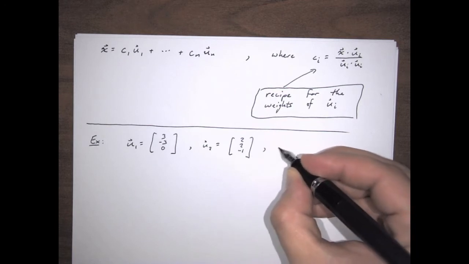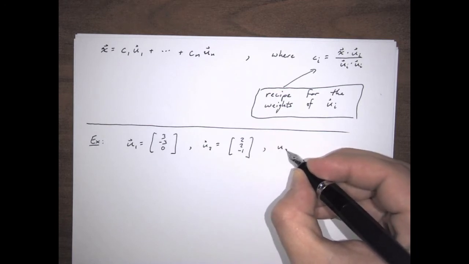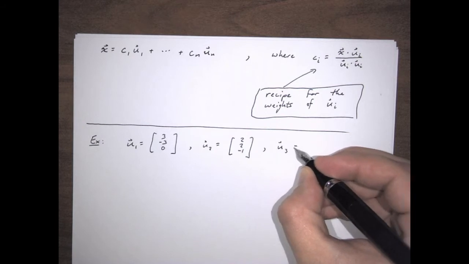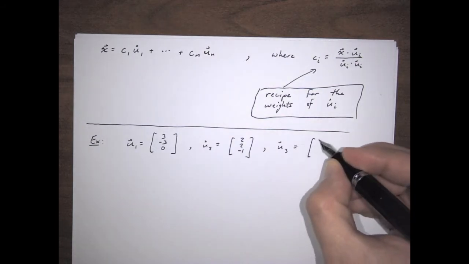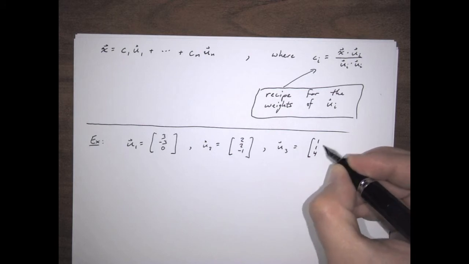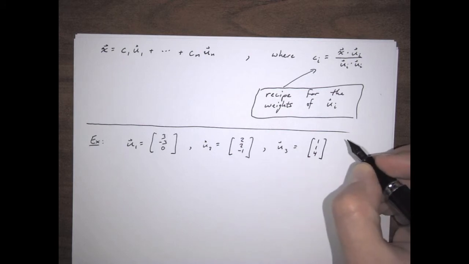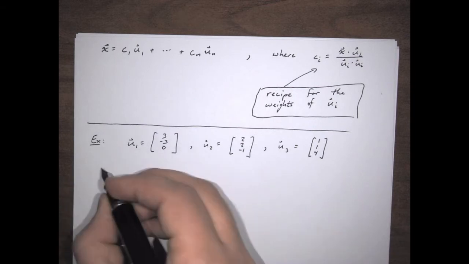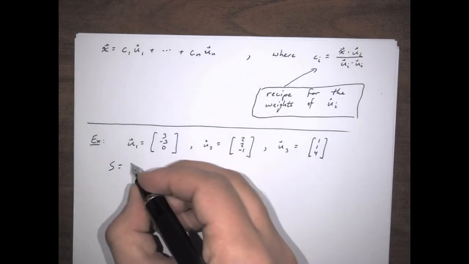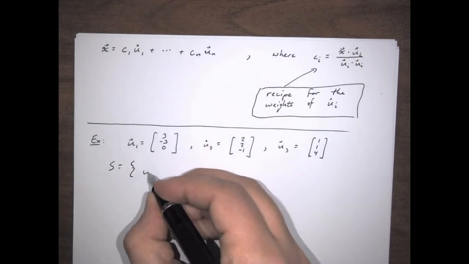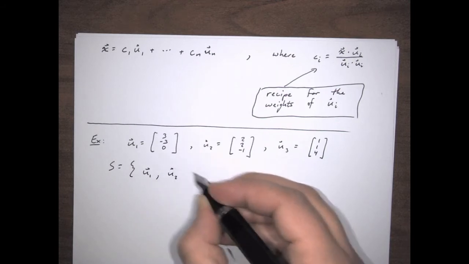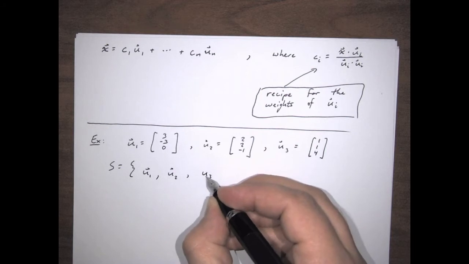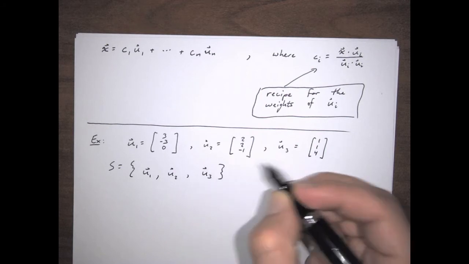And then let's say that u3 is equal to 1, 1, 4. All right. And S is going to be the set comprising these, u1, u2, and u3. Okay.